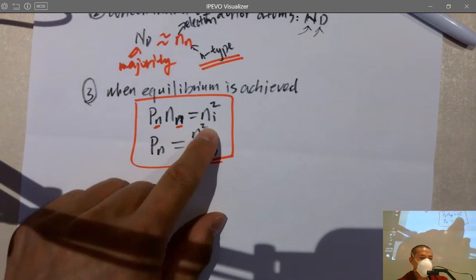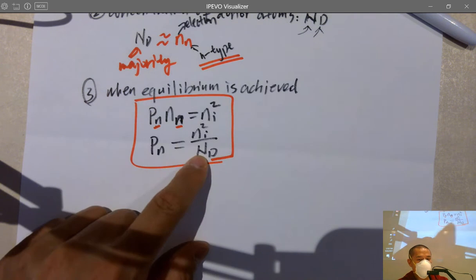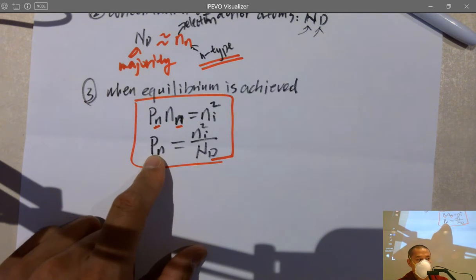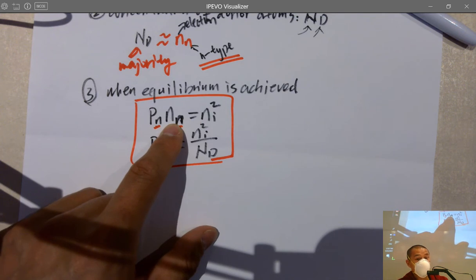So you just need to know that this works, and I can use that to calculate the concentration of the holes. Why? Because I can control the concentration of the electrons when I'm doping that material. I know the concentration already.